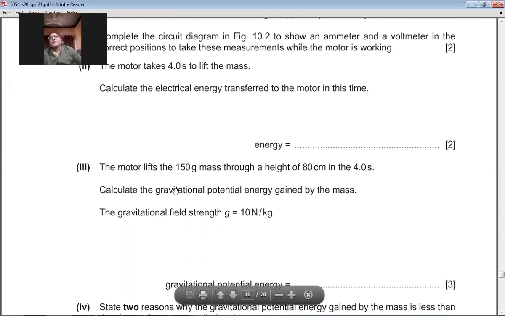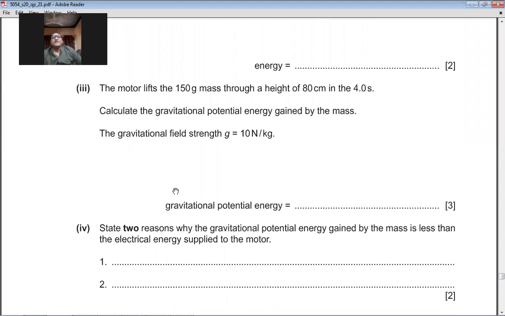In the next part, it says the motor lifts the 150-gram mass through a height of 80 centimeter in 4 seconds. Calculate the gravitational potential energy gained by the mass. The gravitational field strength g is equal to 10 Newton per kg. The gravitational potential energy is very easy, mgh. But the only problem is the m value should be in kg, and the h value should be in meter.